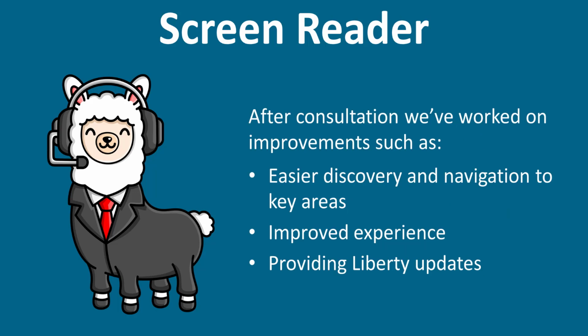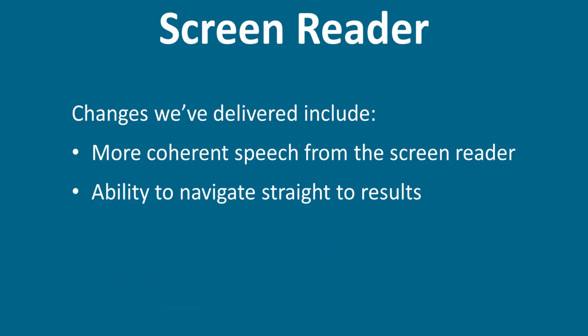We've worked on improvements such as easier discovery and navigation to key areas of a page for people who use screen readers, improving the experience with keyboard navigation, and providing updates to Liberty to accommodate screen readers. Some of the changes we're excited to deliver include more coherent speech from the screen reader and the ability to navigate straight to results from an OPAC search.